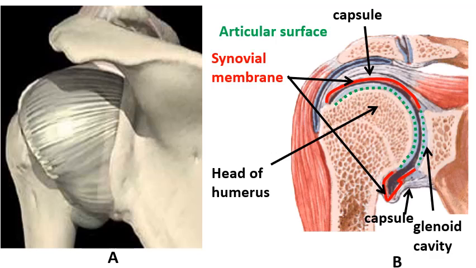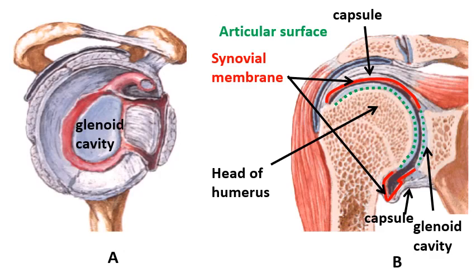If I open in picture A the fibrous capsule and I look from the inside towards the glenoid cavity, this is the glenoid cavity, I can see the synovial membrane, the red membrane, is attached to the margins of the glenoid cavity, and it sends a tubular sheath around the long head of biceps.